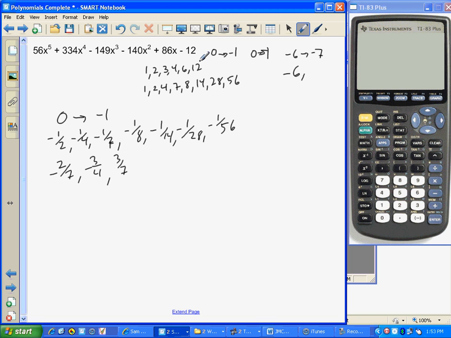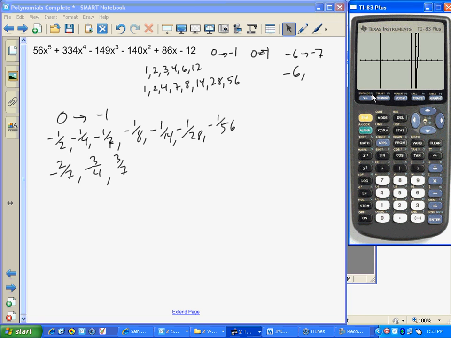What else would be in there? Well, 12 over 2 is 6, 12 over 4 is not in there, so it must be that one. Let's check our table and see if it's negative 6. It doesn't look like it is.